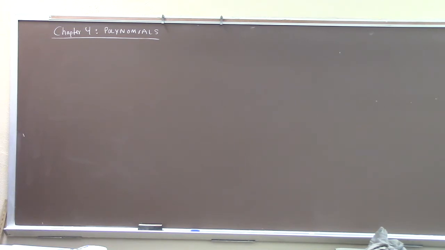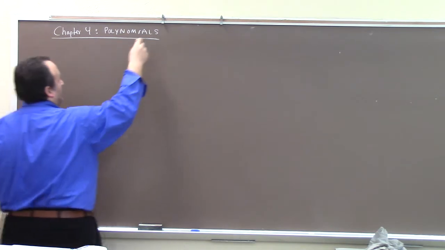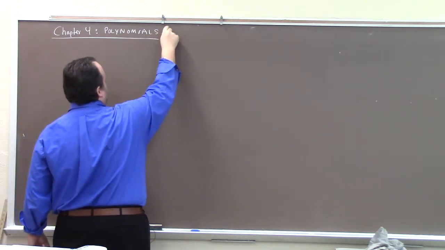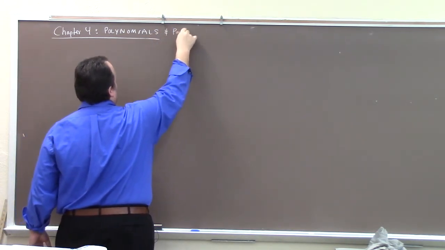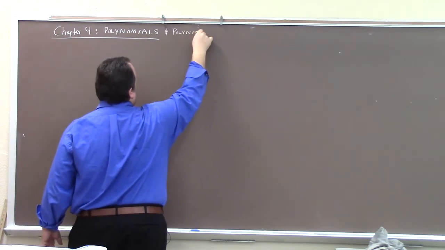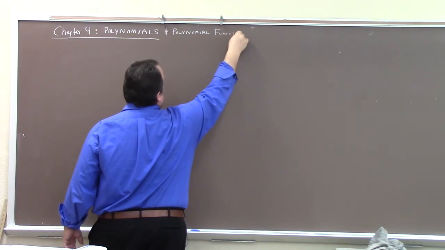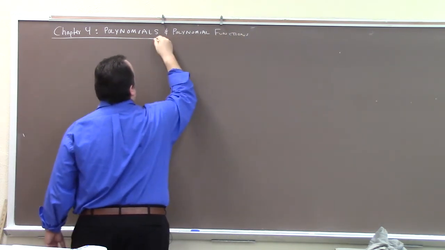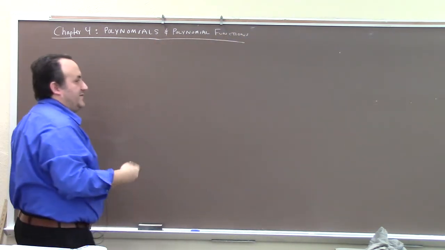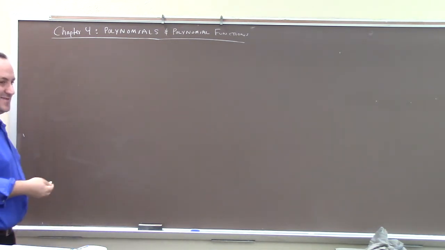So this is an expression with many terms, but we can be more specific. And polynomial functions. So what's a polynomial function? Well, a polynomial function is a function whose formula is given by a polynomial.